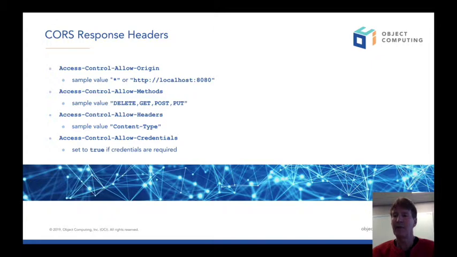Headers specifies request headers that can be included. Some common headers are accepted by default. These include accept, accept-language, and content-language. Others must be listed. The content type header must be specified in order to accept requests with JSON bodies. Credentials is only needed for services that require authentication.